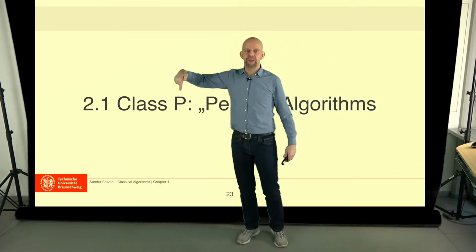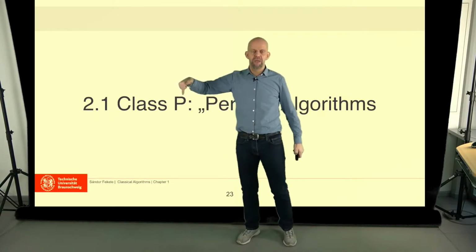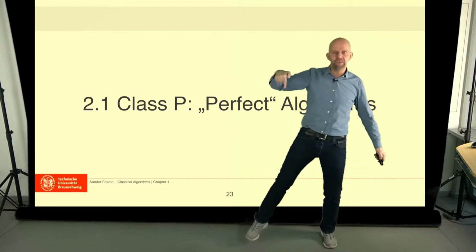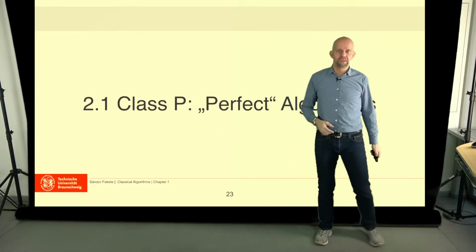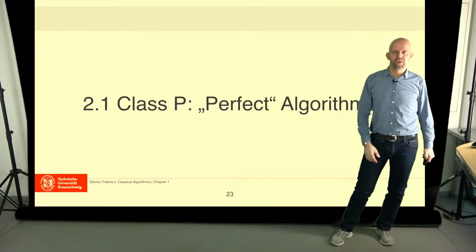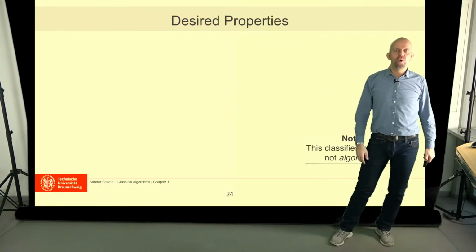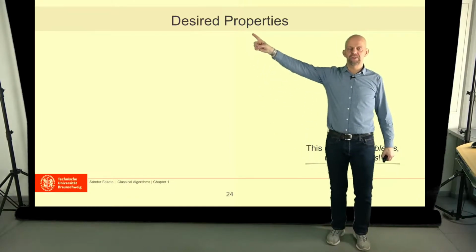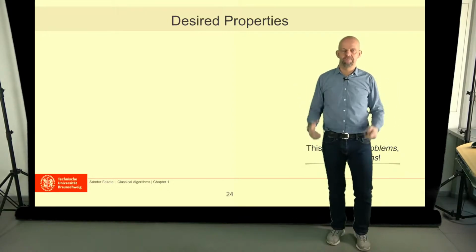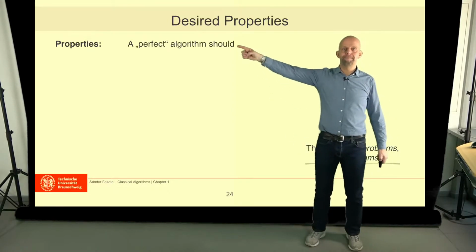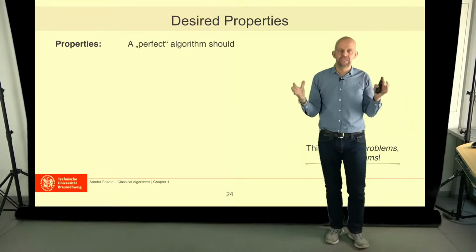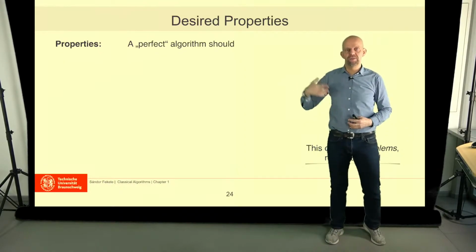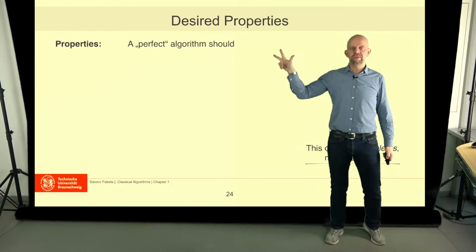So here's the first thing. This is known as the class P. This refers to problems. I'll mention this and elaborate this in a moment. Now, P doesn't stand for perfect, but there's some mnemonics involved where you try to remember what these things mean. So what we want is, there's some properties that we want from an algorithm. An algorithm that has it all, that can do it all and do it nicely, usually needs 3 properties.